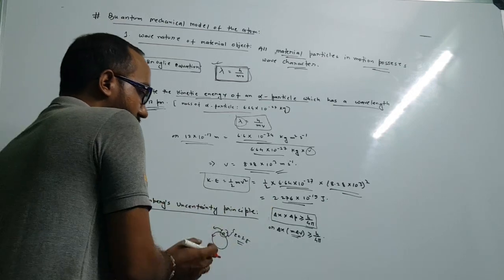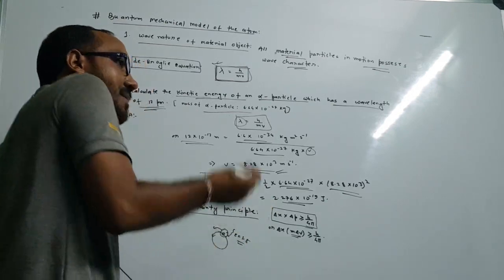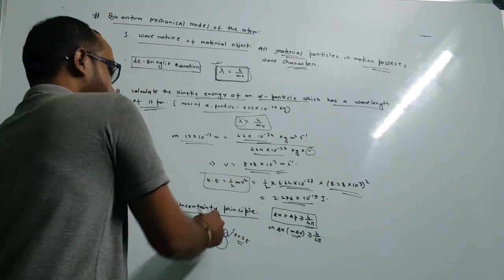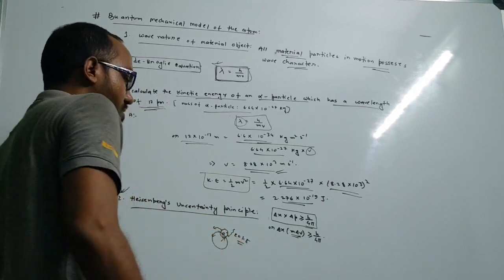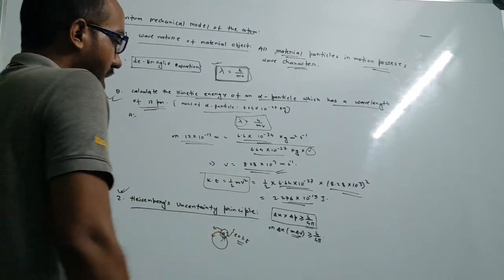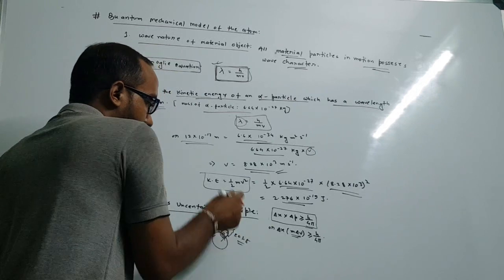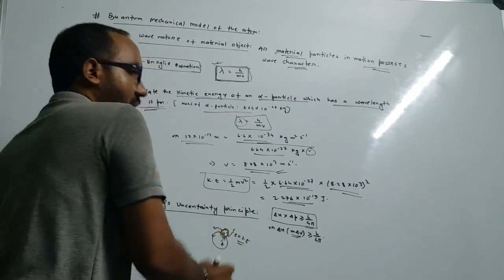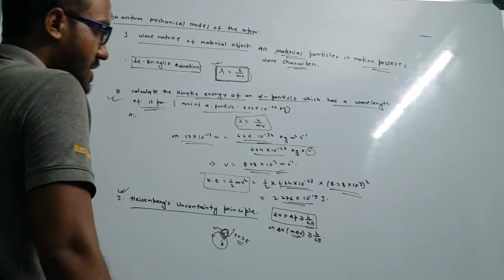If it got some energy, then it will change its position immediately. So you cannot say the position where it is lying and the momentum of that electron at the same time. That's all about the Heisenberg uncertainty principle.